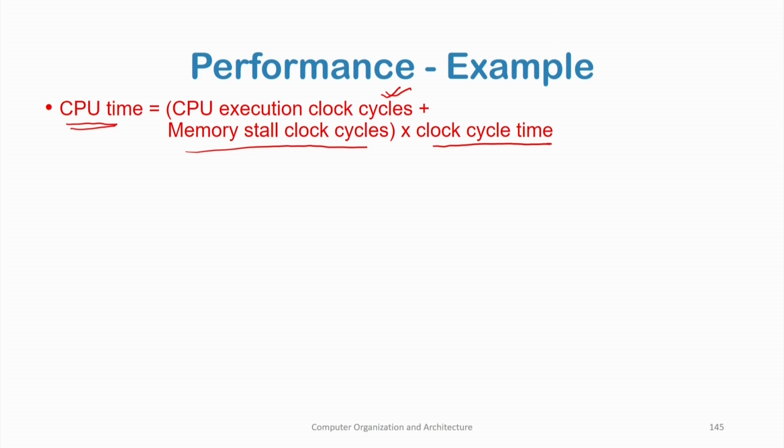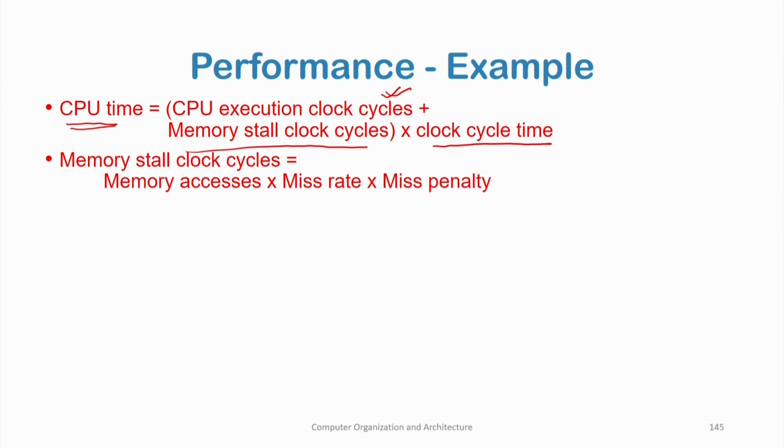So, the CPU time for a program will be given by the number of clock cycles in which the program code is getting executed, along with the number of clock cycles for which the program is waiting for instructions or data, multiplied by the clock cycle time. And now, the memory stall cycles will be given by memory accesses into miss rate into miss penalty.